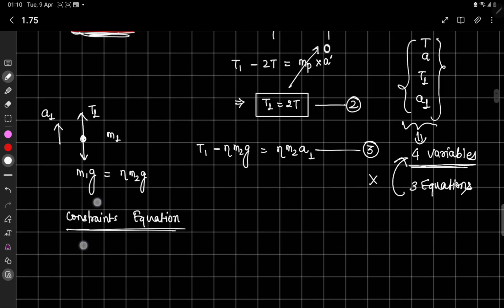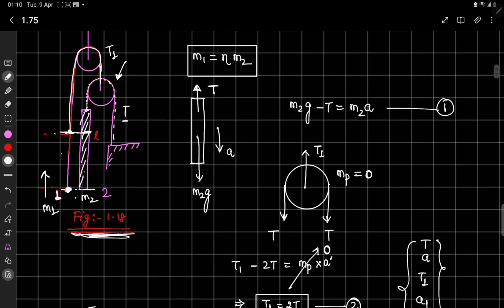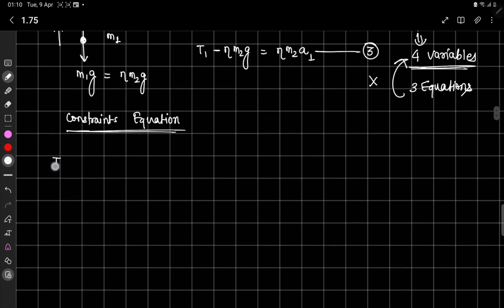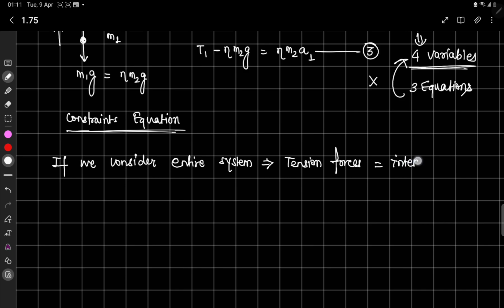To find this particular equation, let us consider the entire system. If we consider the entire system, then the tension forces will be internal forces.